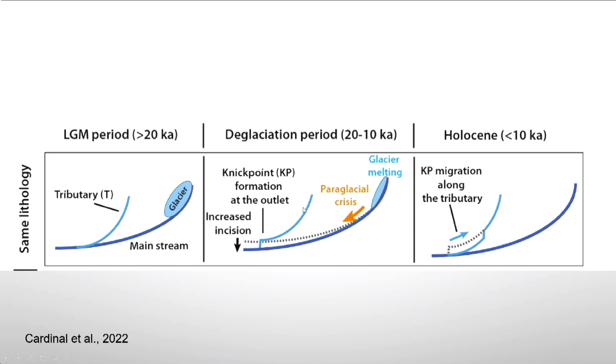And during that time, nothing happens really in the tributary. So the tributary will be aware that there is a problem just once the main stem has started to incise in the bedrock, and at this time there will be a knickpoint that will propagate in the tributary, so in the tributary you will see a first period of slow incision that is followed by a period of fast incision.